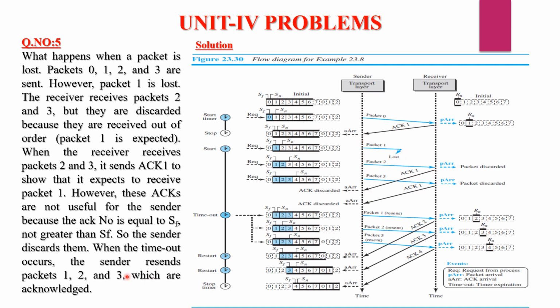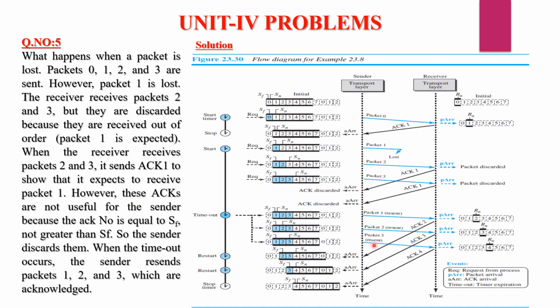After the timeout, the entire process is stopped and again we send all 3 packets: packet 1, packet 2 and packet 3. We send packet 1, it arrives and acknowledgement 2 arrives. Packet 2 is sent and acknowledgement 3 arrives. Packet 3 is sent and acknowledgement 4 arrives.